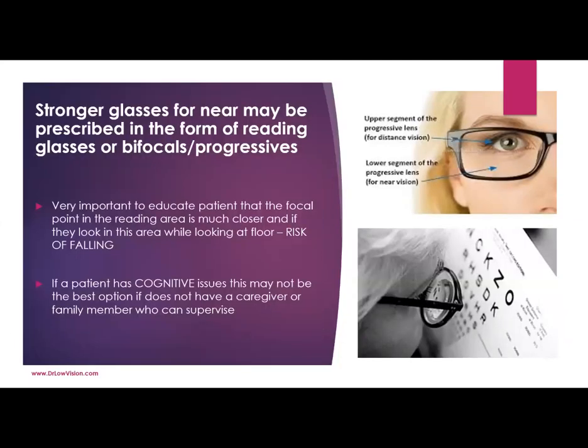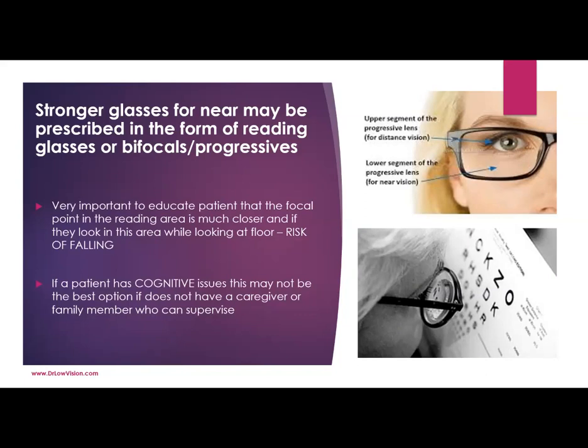But we can make glasses stronger for reading, and the stronger we give the magnification, the closer they'll have to hold that reading material to them. So it's really important that we educate these individuals when we give them a much higher reading power, because if they're incorrectly looking through the bifocal or progressive lens, and we've given them more magnification for reading, and they look down into that zone as they look at the floor or as they're walking, that floor looks more magnified. So that perception of the floor is as if it's closer to them.